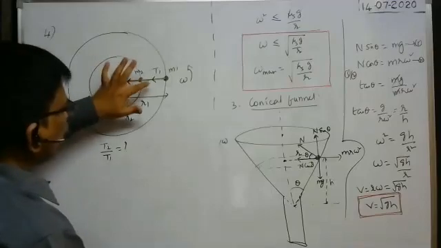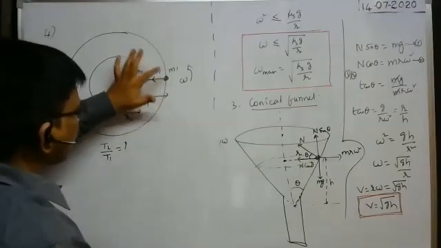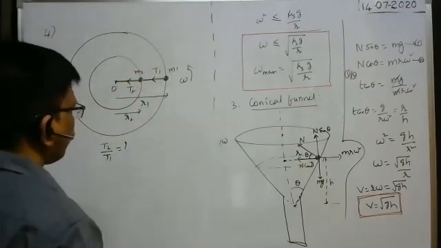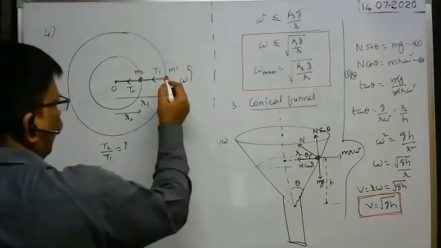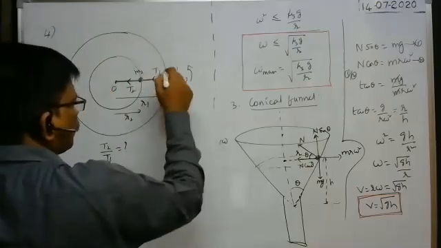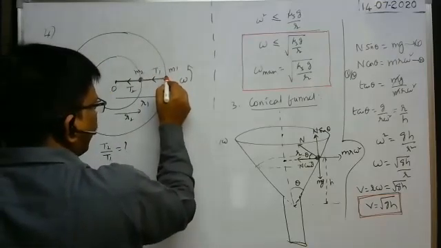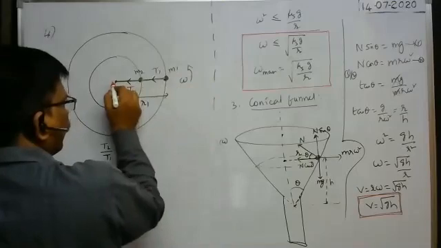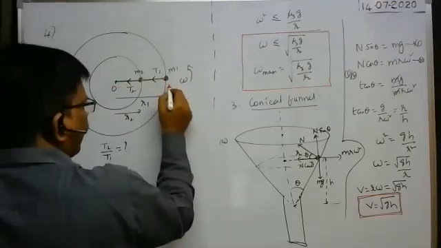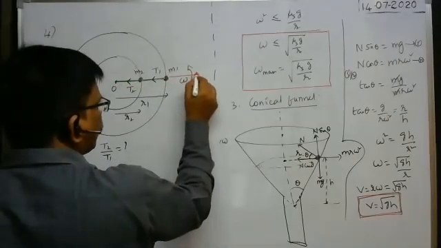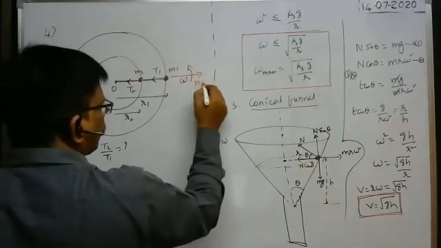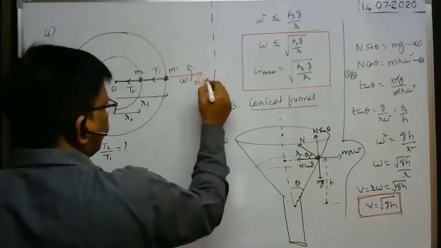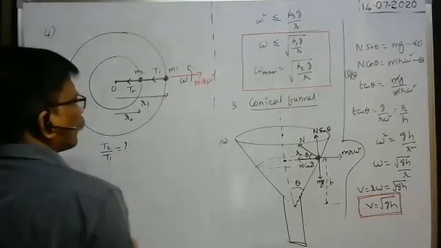Now to find the tension here, we first have to find what forces act on this body and this body. Here you see, whenever this body makes rotations, the centrifugal force acts on the body away from the center, because that is the center. The centrifugal force acts away from the center, in this direction, which is equal to M1 into the radius of the circular path R1 into omega square.